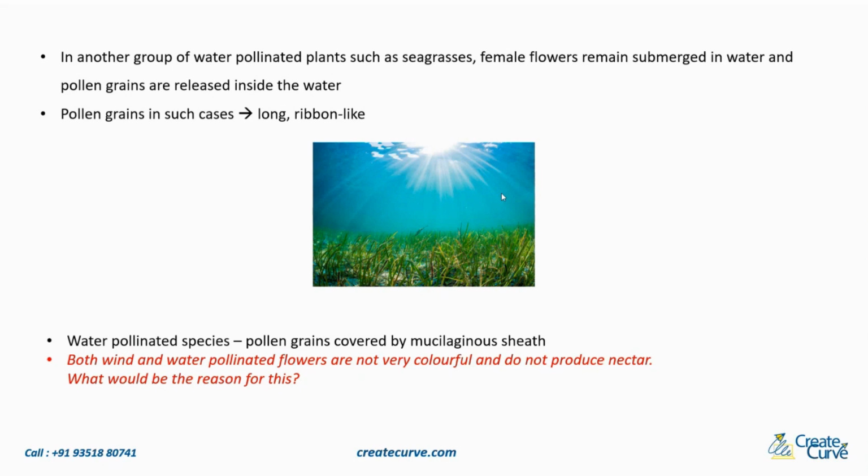In water, because there are no insects, you don't require this kind of pigmented flowers or nectar or fragrance or whatever it is. So that's the main reason for these water and wind pollinated flowers not being colorful or not producing nectar.